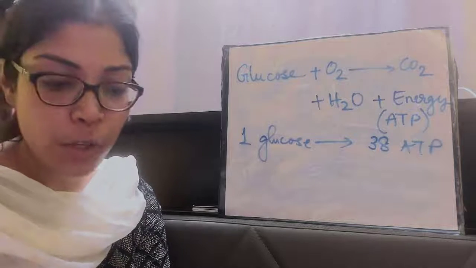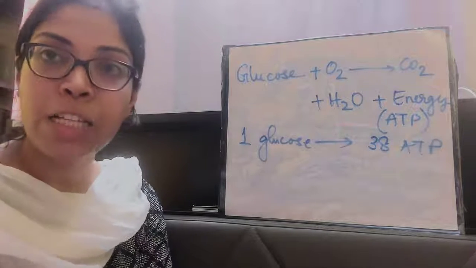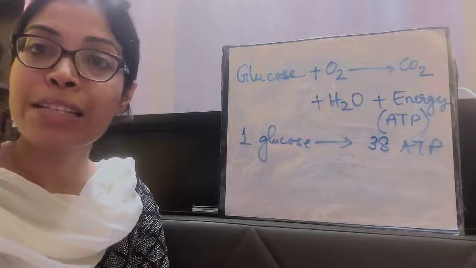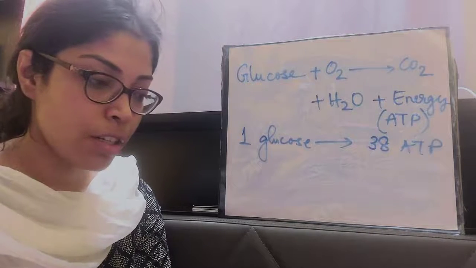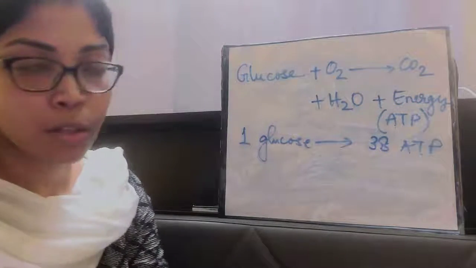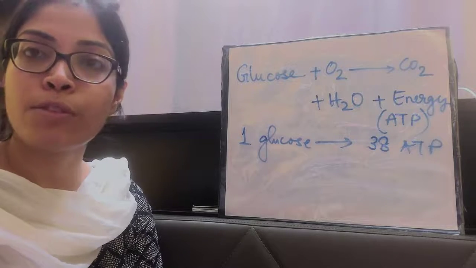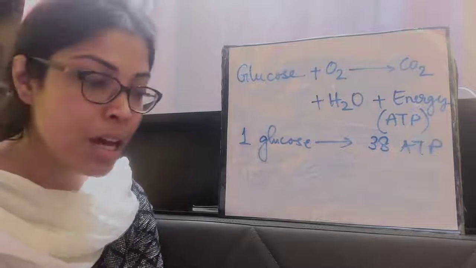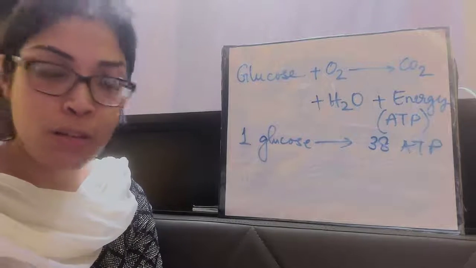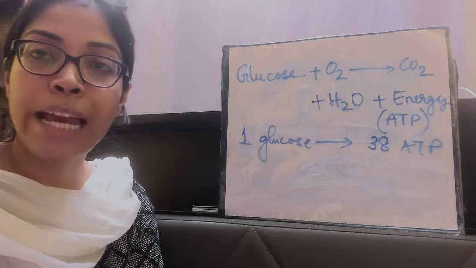In my previous video I discussed with you how plants perform the process of respiration and what is the need for this respiration. You all know that glucose formed by photosynthesis in green plants, when it comes in contact with oxygen, breaks down to form ATP.